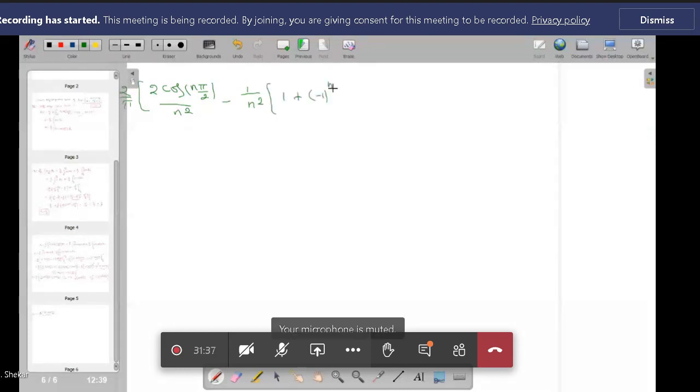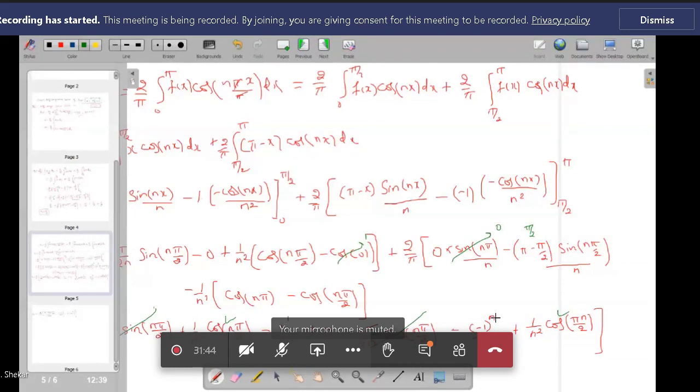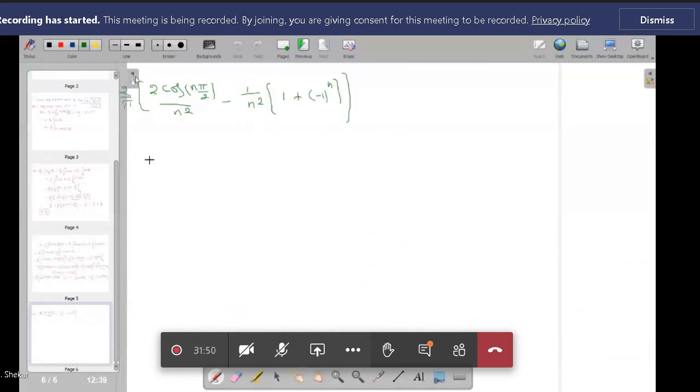If I take minus 1 by n square common, you will get 1 here and then minus 1 power n here.